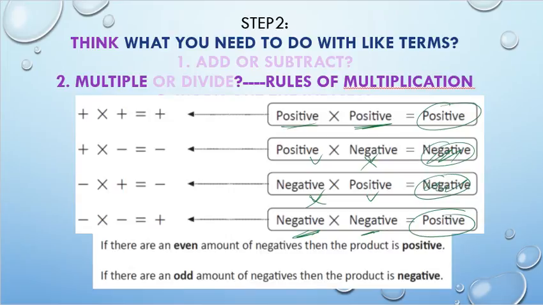And I want you to remember the trick we have said last time. If I have an even amount of negatives, this is even, I will have positive. But when I have an odd amount of negatives, then my product will be negative. Remember, this is odd amount of negative.